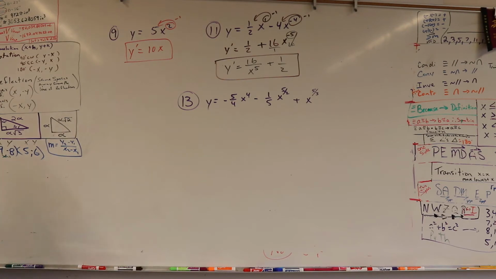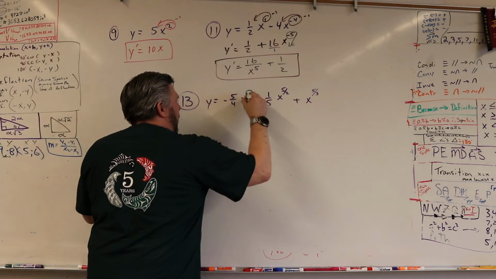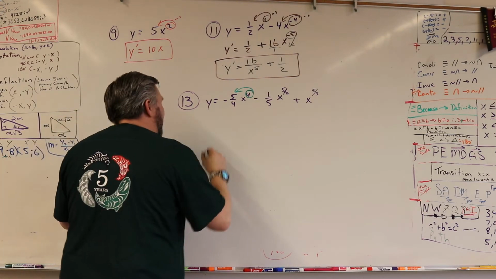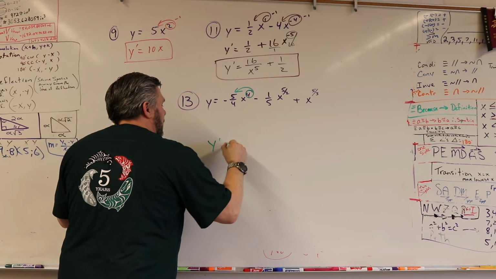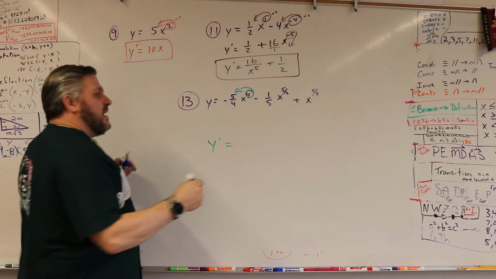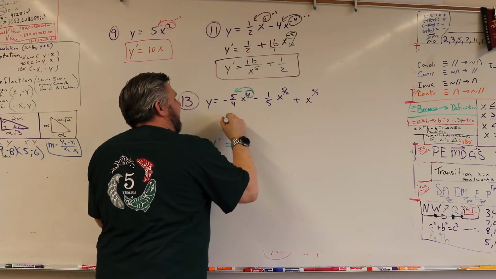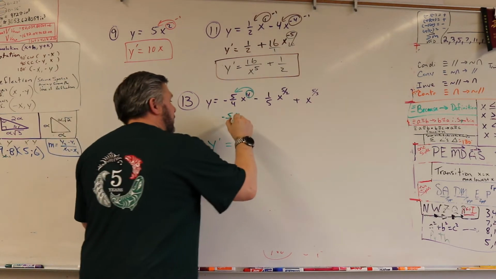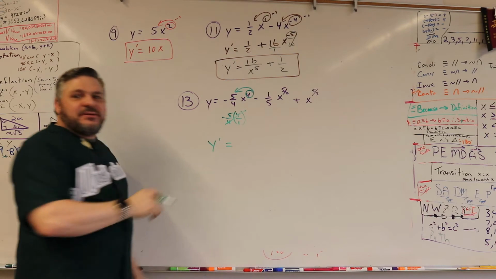What are we doing? Remember, 4 times this, right? So, what's happening here is I'm taking negative 5/4 and I'm multiplying it by 4 over 1, right? And these 4's cancel.